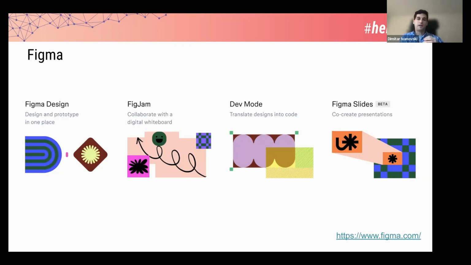And then they have dev mode, especially as of last year, where developers can go into Figma and see the code from the designs, and now they have rolled out a lot more functionalities for development. I can see that Figma is growing more for dev mode now than anything else.